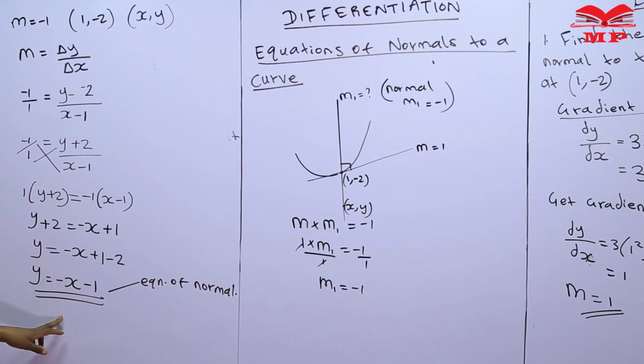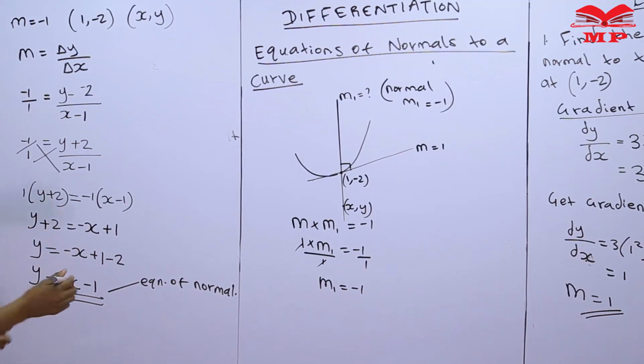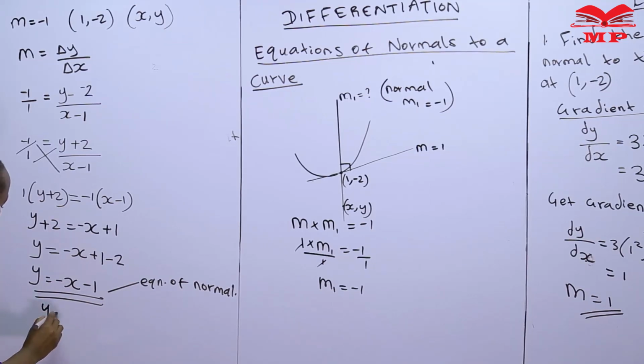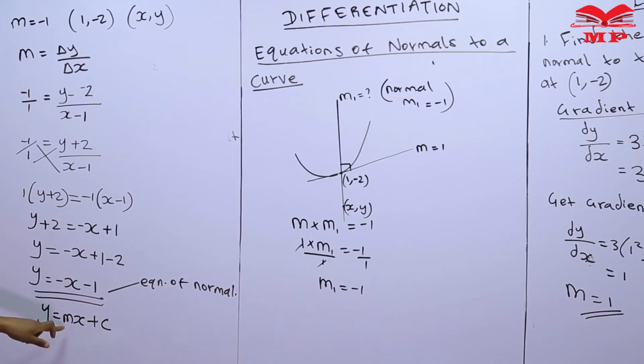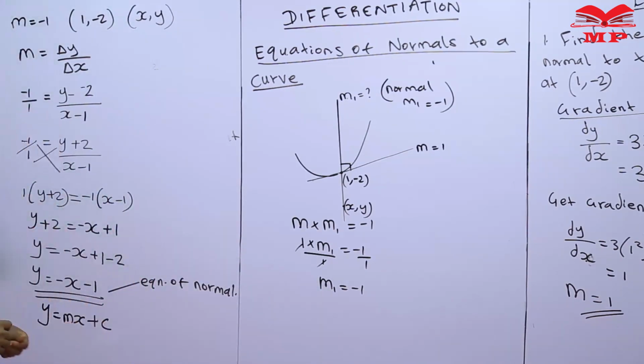And as we have seen, the normal is a straight line, and therefore we also expect the answer to be an equation of a straight line, which is of the general form y is equal to mx plus c. And we can see clearly that our gradient here is -1. So this is the equation of the normal.